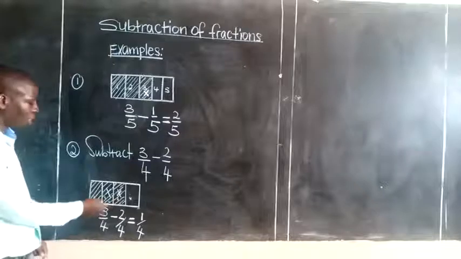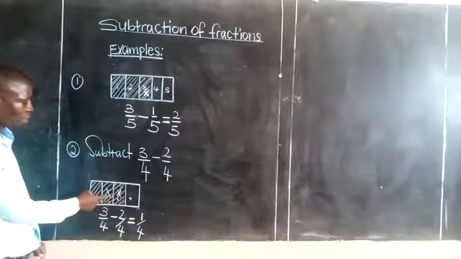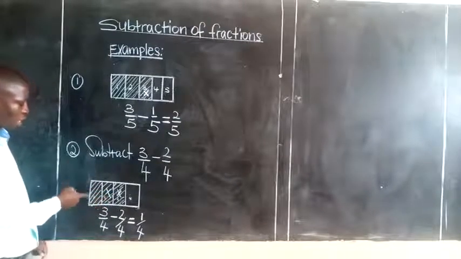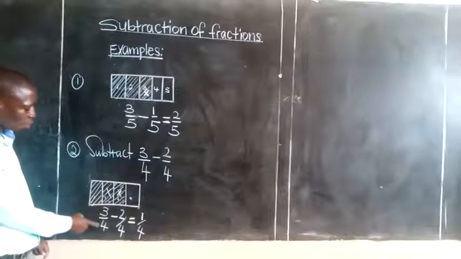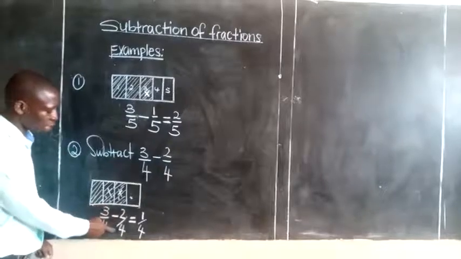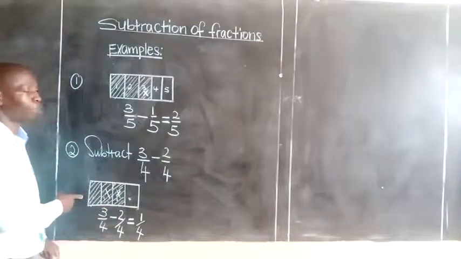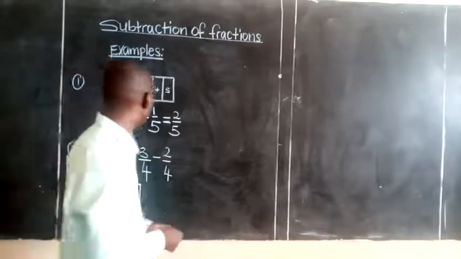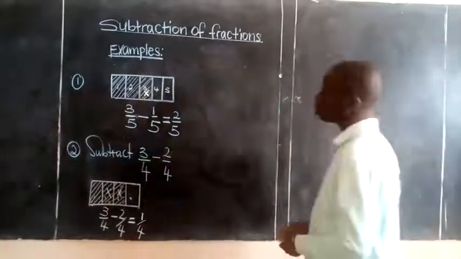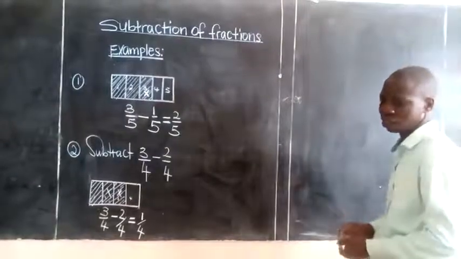And now we are subtracting 2 parts, 1 and 2. We are remaining with 1. So when we subtract 3 quarters minus 2 quarters, we remain with only one part out of the 4 parts. Let's have another example.